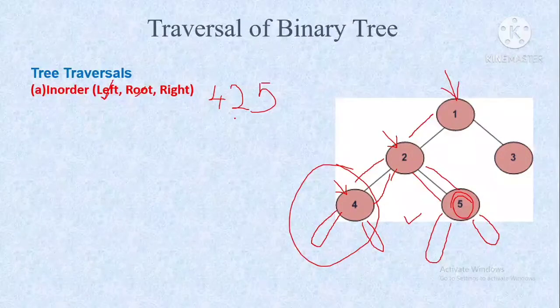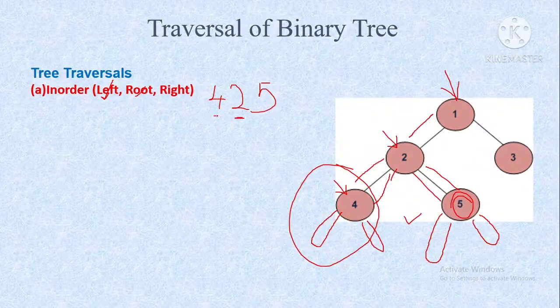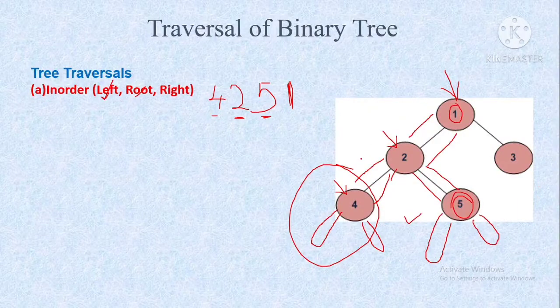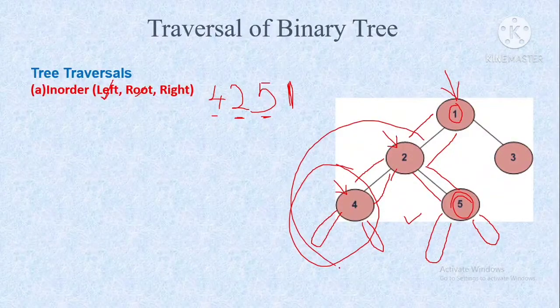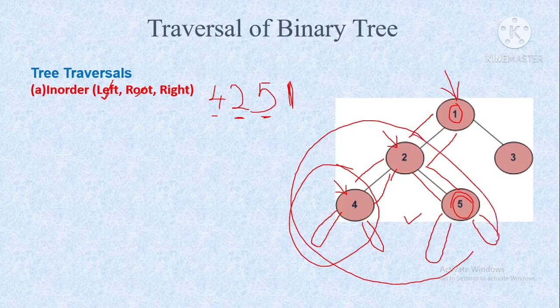Just see, 2 is a root node and 4 is a left node and 5 is a right node. Again I'll go back to my root node. Now I can write this 1, because this is a root node for this subtree and I have completely visited its left node.